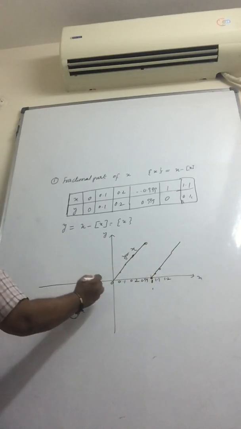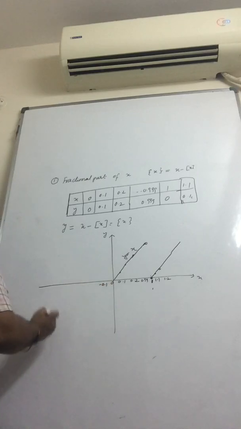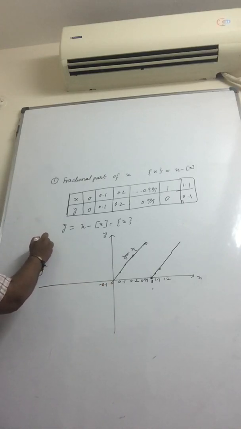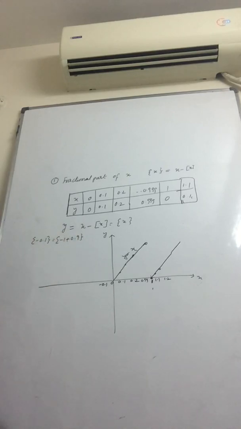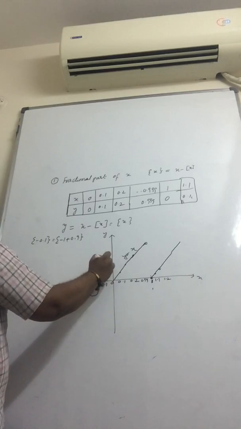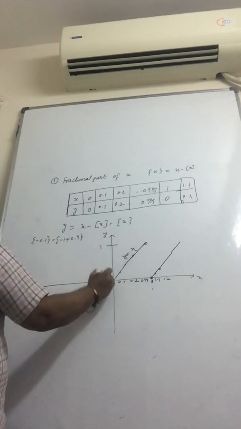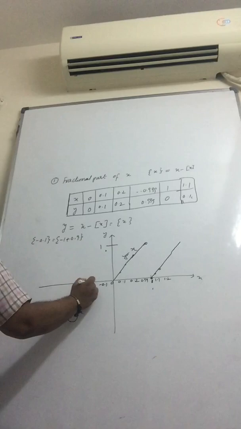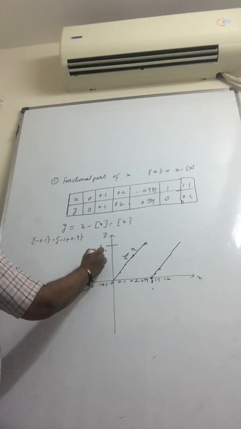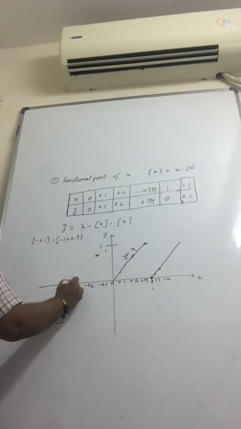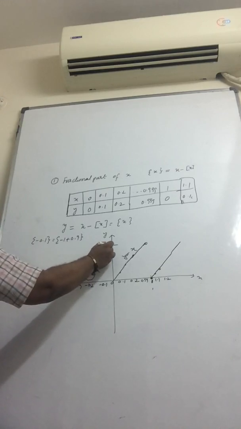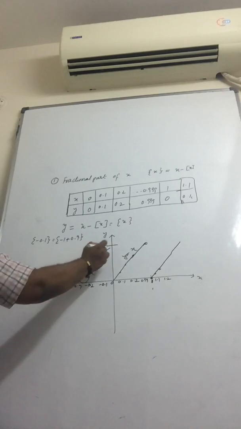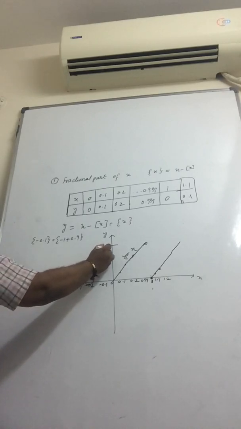Even for minus 0.1, what is the fractional part of minus 0.1? We will write minus 1 plus 0.9. So you get 0.9. For minus 0.2, you get 0.8. So the graph will be like this, up to minus 1.